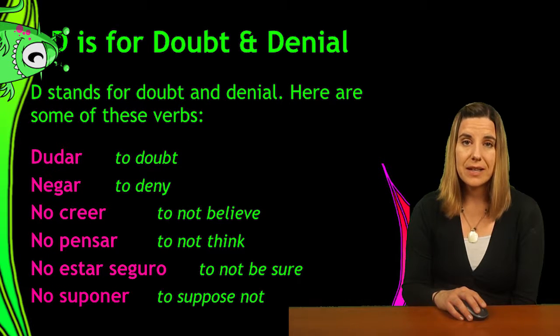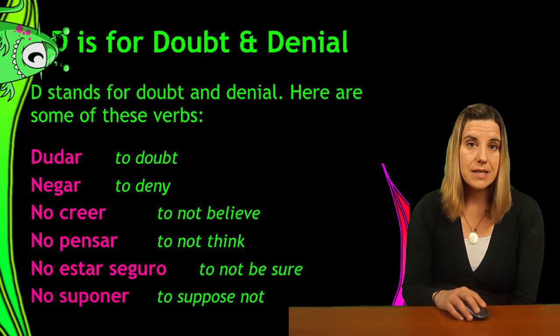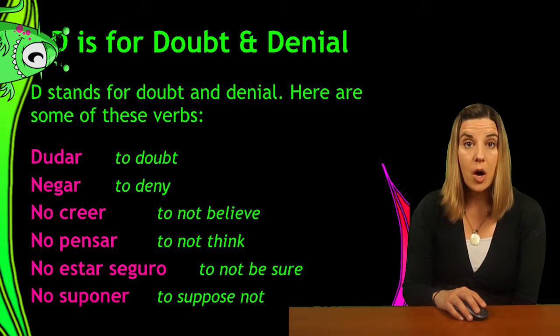D is for doubt and denial. Some of the verbs that express doubt and denial are dudar, negar, no creer, no pensar, no estar seguro, no suponer. The doubt and denial is important because anytime that there is certainty involved, it takes the subjectiveness out of the sentence and it becomes objective or the indicative.